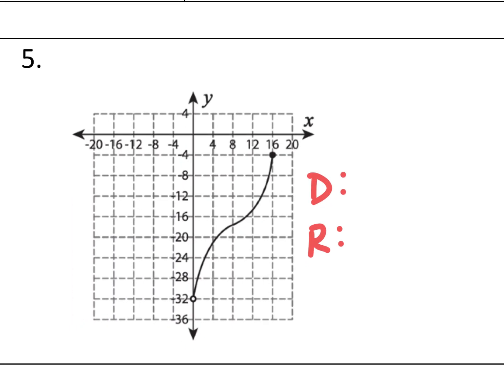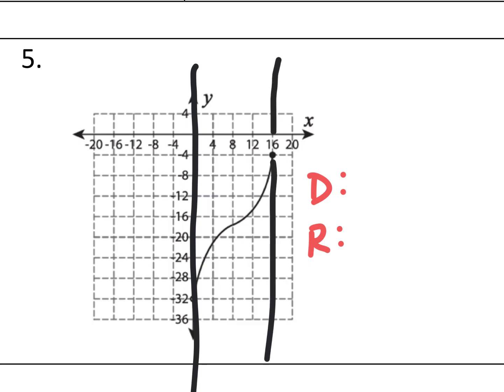Does it go forever to the left? Is there an arrow that tells us it goes forever to the left? No, so it's not an infinity. It says 0. You are correct. It goes from there, which is 0, to there. So it's the domain, Caden.